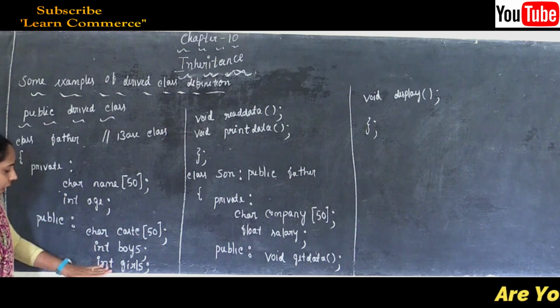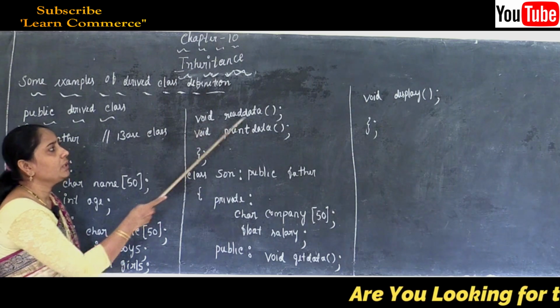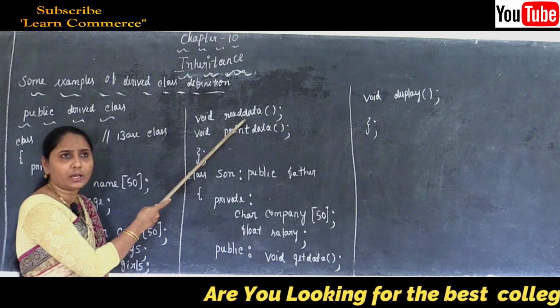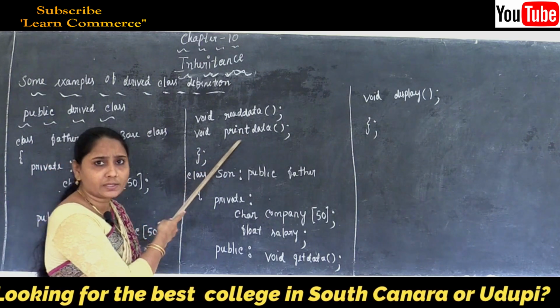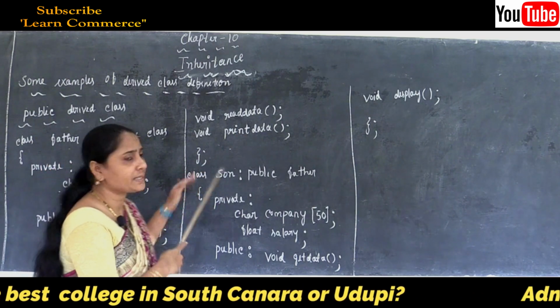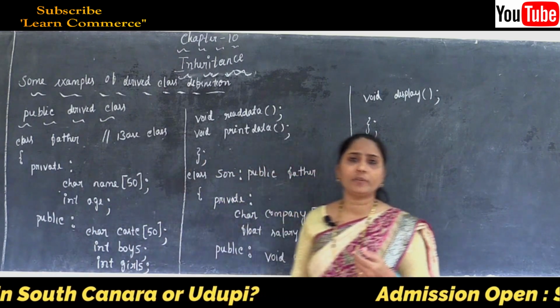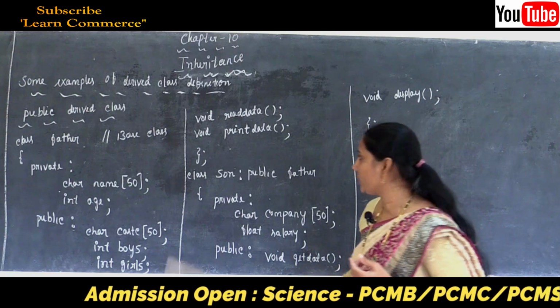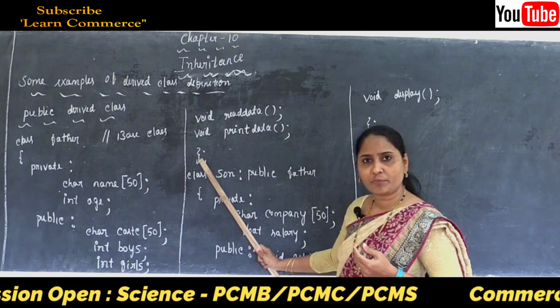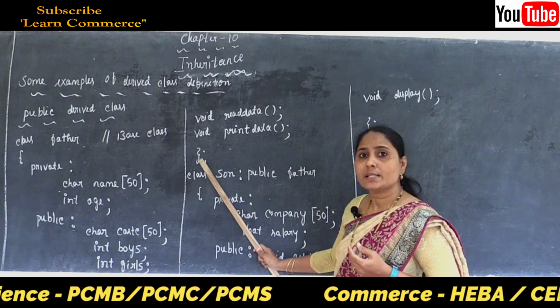And next, read data, a member function of the class, as well as print data, also a member function of the class. Closing curly bracket, semicolon, that is called the base class definition. We know that the base class definition is terminated by using a semicolon.